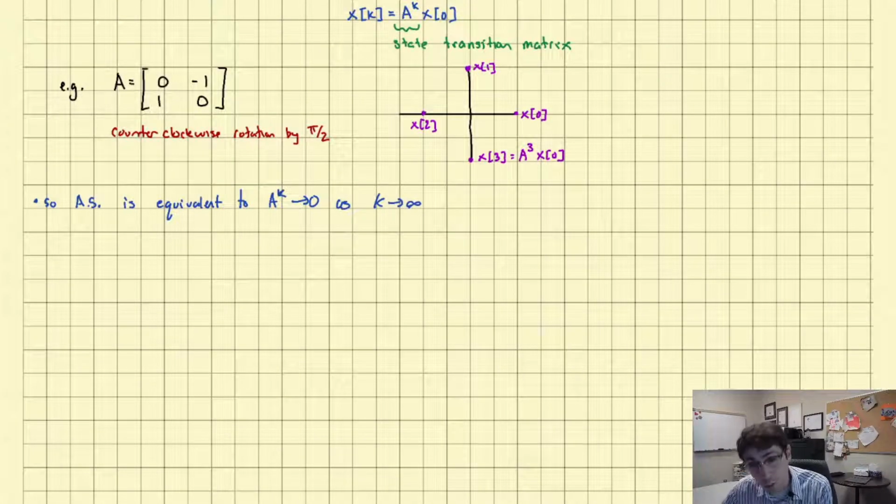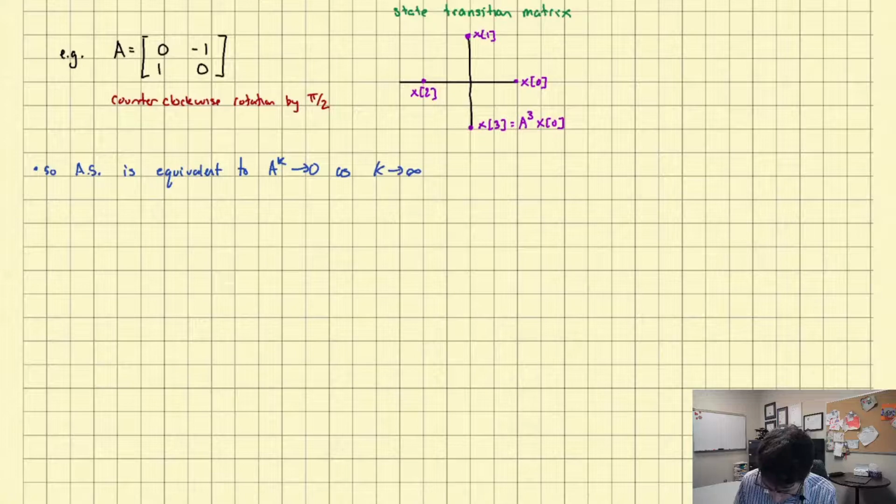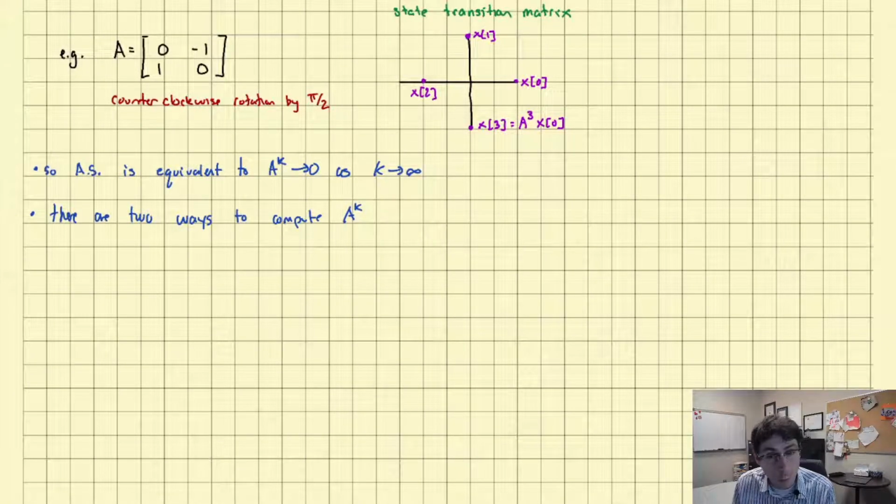Okay? So one way we could test for stability would be to first compute the state transition matrix and then check if it goes to 0. So let's talk a little bit about that approach. There are two ways to compute A to the k. One, of course, not surprisingly, is Z transforms.